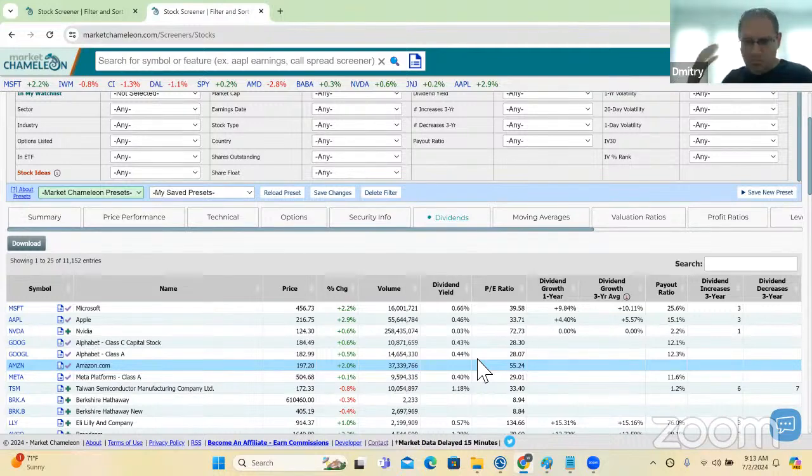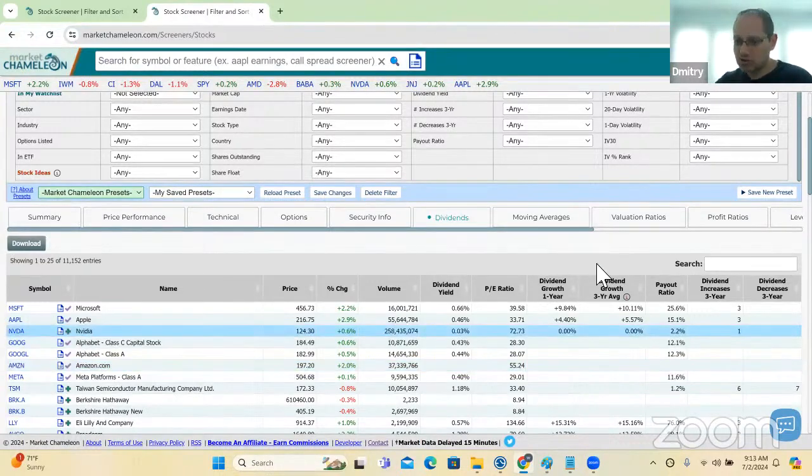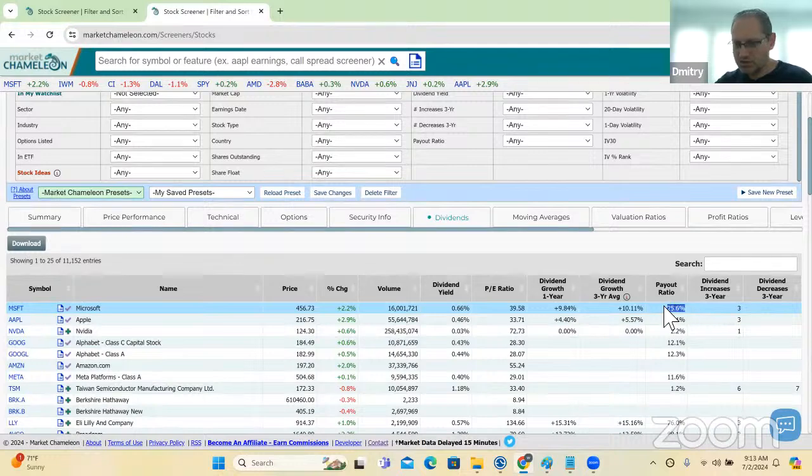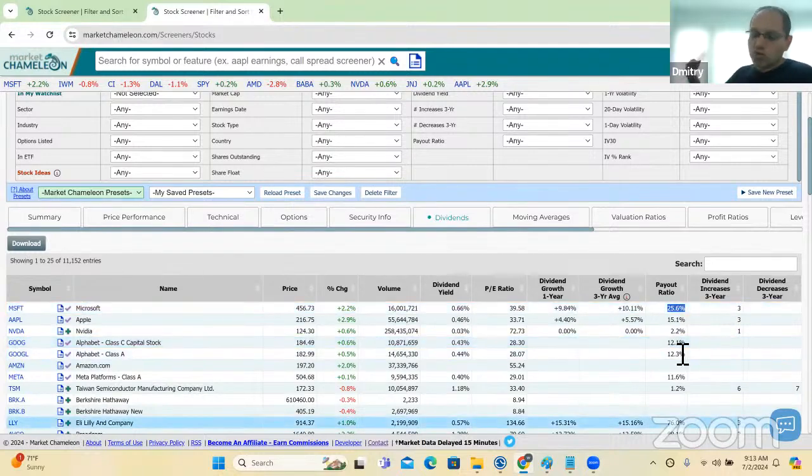So what is the portion of the dividend relative to the income they generate? And that's the payout ratio. So here, what this is saying is that 25% of the income that Microsoft generated was paid out as a dividend to investors.